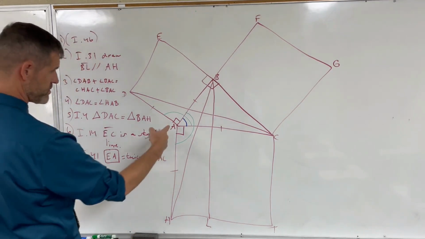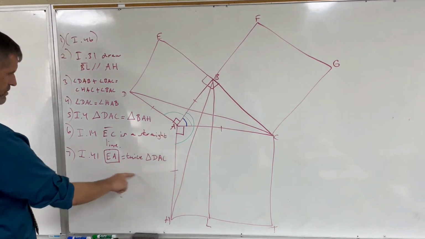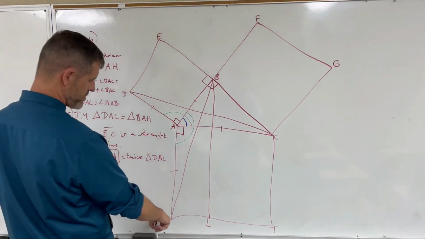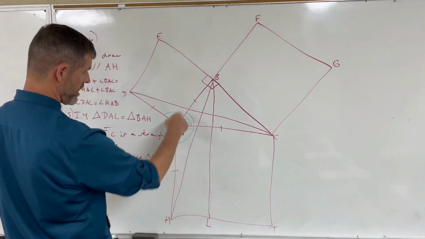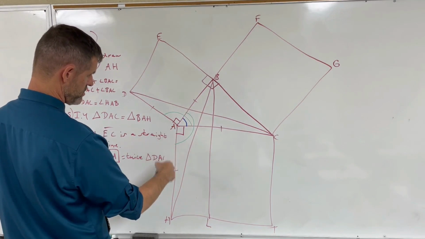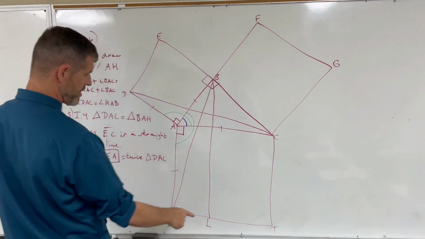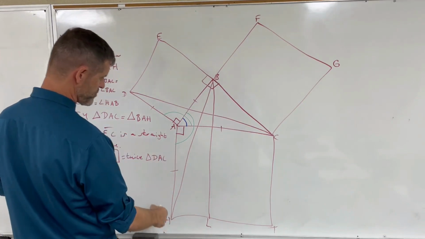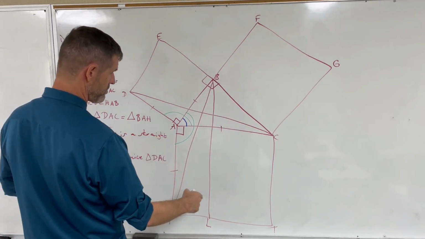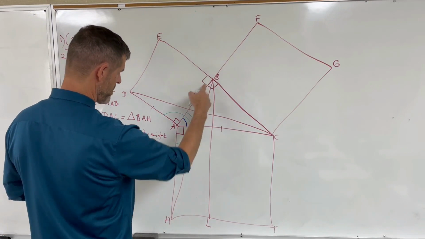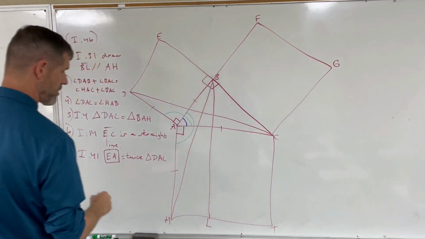And then down here, we're going to apply the same proposition again. We know that the triangle HAB sits on the base AH, and the parallelogram LA also sits on the base AH, and they're in the same parallels LB and HA.